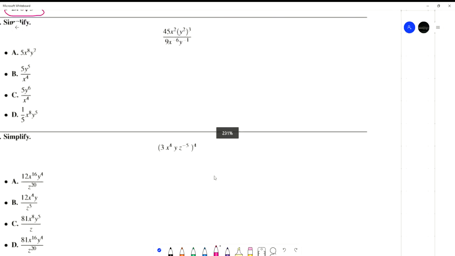Let me zoom back in there. Okay, so I know that 45 over 9 is 5, so 5 in the numerator. And then I have x squared over x to the negative 6. That's the quotient rule, so that's 2 minus negative 6. So that's x to the 2 plus 6 is 8. So 5x to the 8.